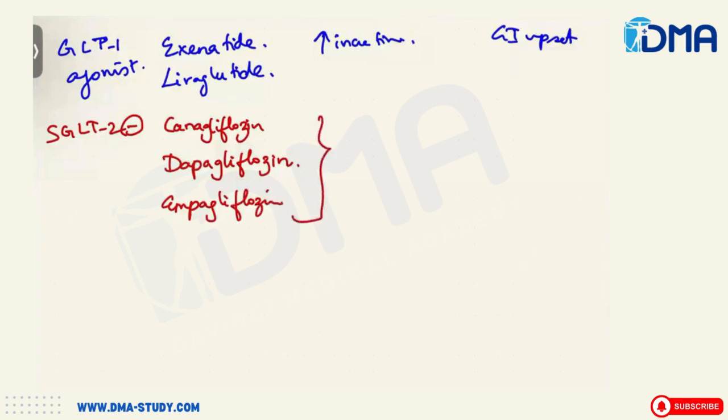These drugs cause glucosuria. It increases the glucosuria and tries to eliminate the glucose. The problem with this drug is there are high chances of euglycemic diabetic ketoacidosis to happen in the patients who have these SGLT2 inhibitors.